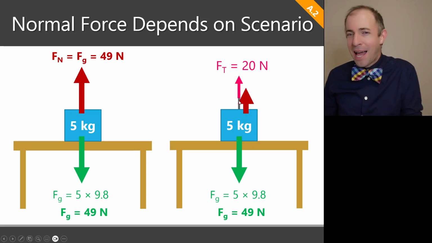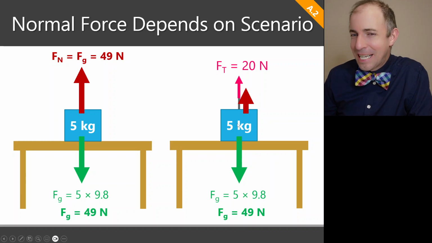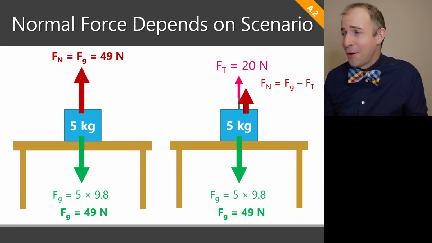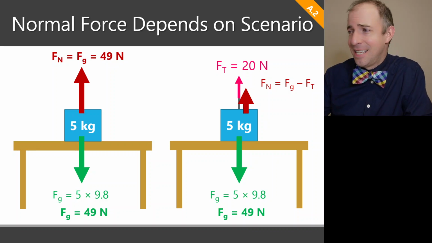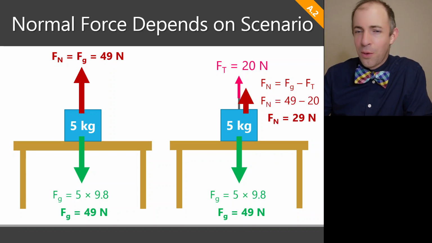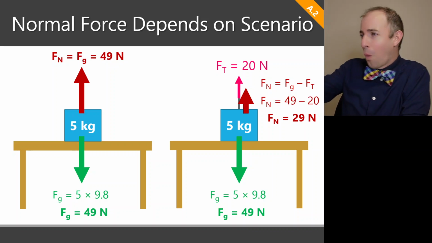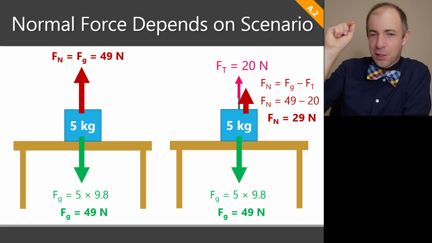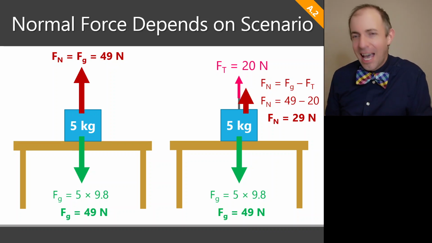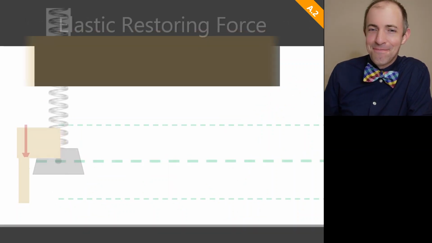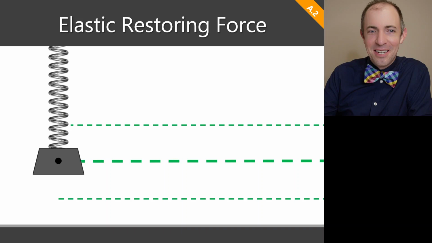So assuming I'm not lifting it off, accelerating it upward, our normal force is essentially now just going to be force of gravity minus the tension, which is 49 minus 20 or 29. Essentially, one easy way to think of it is what would it have to be so that the 20 and this new force add up to 49? So 20 and 29 add up to the 49. Well, that was a cool animation.